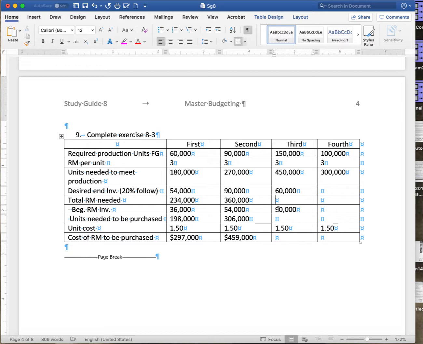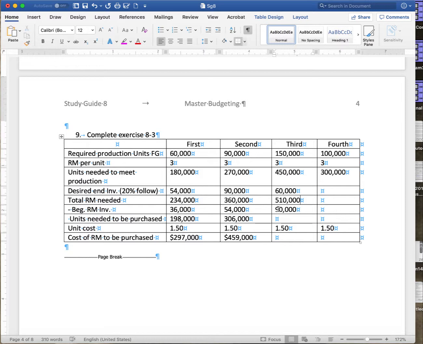I now know what my total raw materials needed are. It's 510,000. I got that by adding the units needed to meet production for the third quarter of 450,000 plus the desired ending inventory, which again is 20% of the fourth quarter's units needed to meet production of 300,000. That's how I got the 60,000.